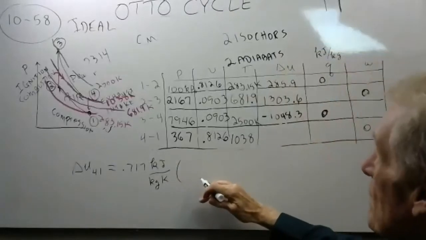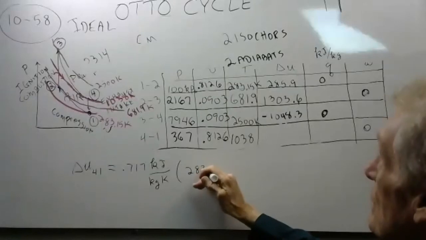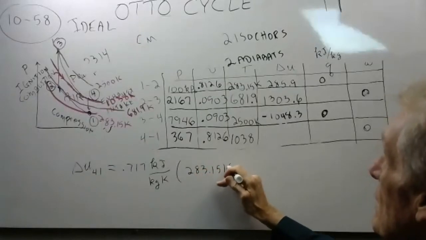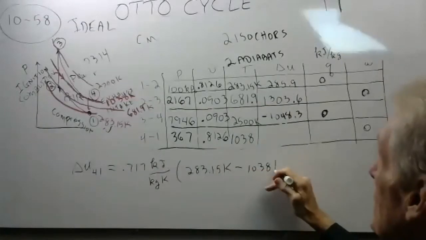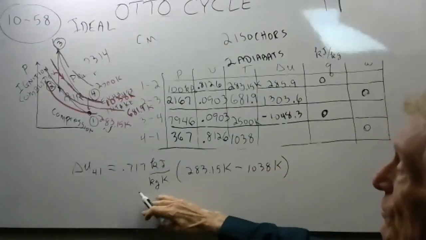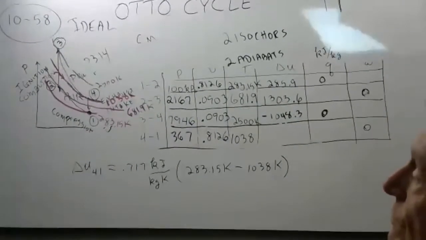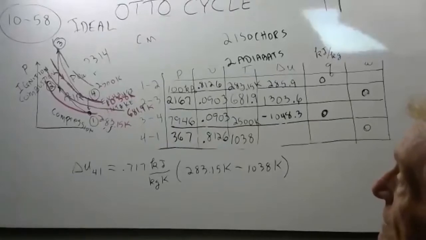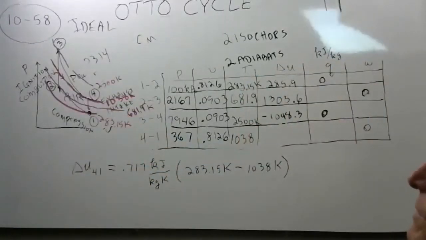And we're going to take the 283 and we're going to subtract the 1038. And we're going to get the change in specific internal energy from 4 to 1. Okay. You're cooling off again. Look, you're going from 1,000K to 283K. You're cooling off. It's going to be negative. Here we go.